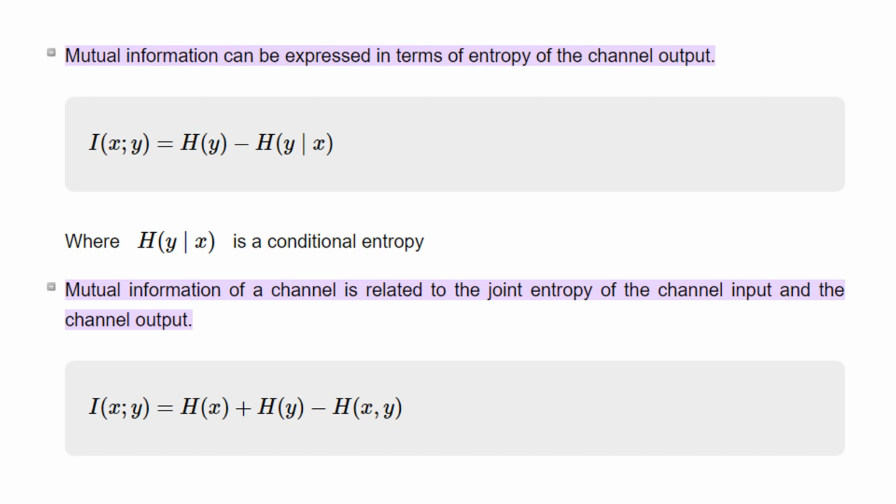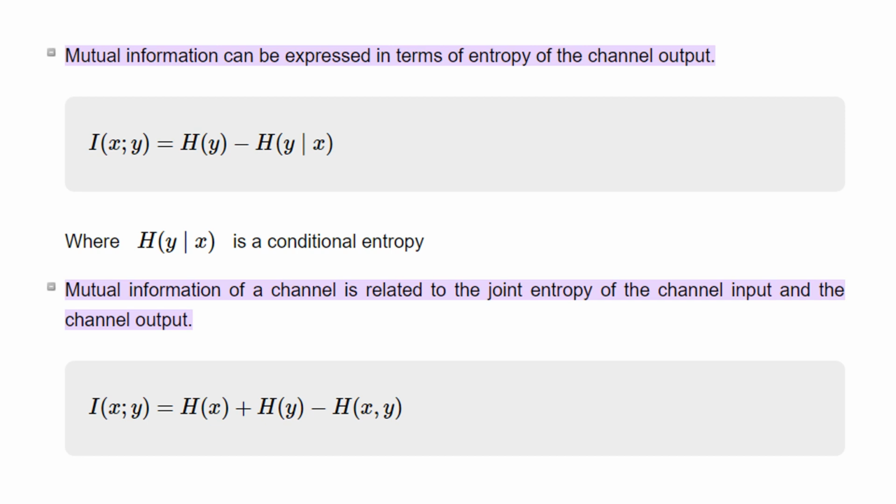Mutual information can also be expressed in terms of the entropy of the channel output, which is given by I of X comma Y is equal to H of Y, which is the entropy of Y, minus H of Y given X, which is nothing but conditional entropy. The fourth property of mutual information of a channel is related to the joint entropy of the channel input and channel output.